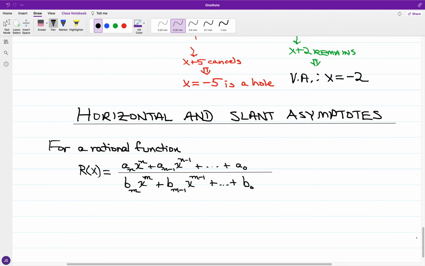So for this rational function, n is equal to the degree of the numerator, and m is the degree of the denominator.